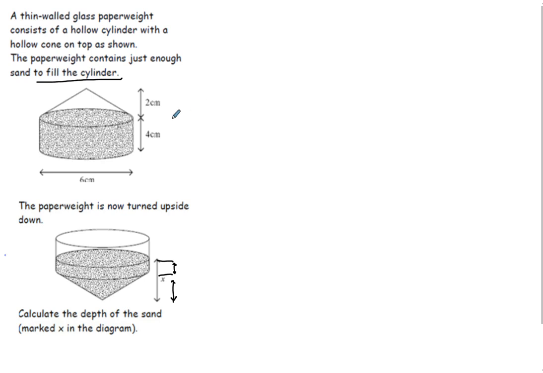Let's take the volume of the sand in the cylinder. So the volume of the cylinder, which is the sand itself. Let's write the formula first so that we feel comfortable. It gives you a sense of direction.